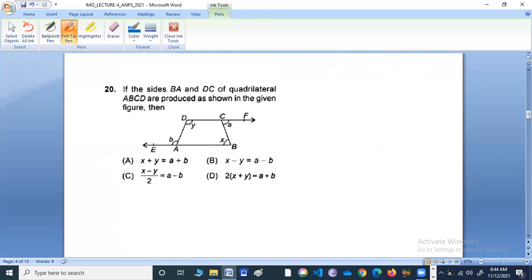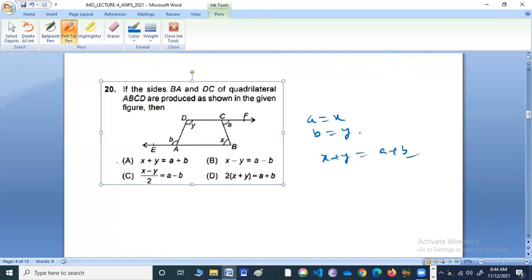Good. A is equal to x. First of all, is this parallel? So alternate interior angle. A is equal to x. Similarly, B is equal to y. So very easy. x plus y is equal to A plus B. Very easy this one. Looks difficult, but it's actually very easy.